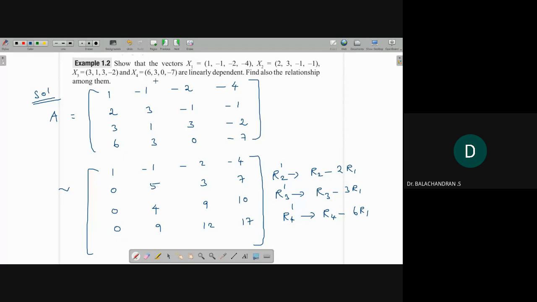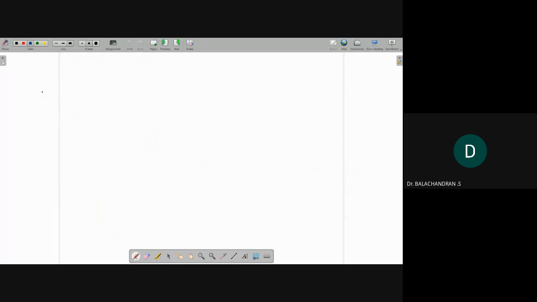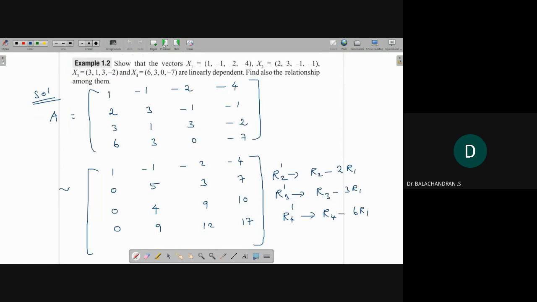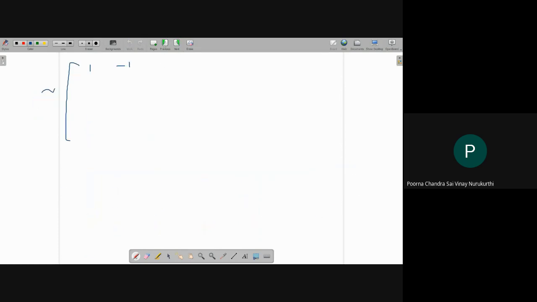Then what is the first row? 1, minus 1, minus 2, minus 4. Please wait. What is the transformation?